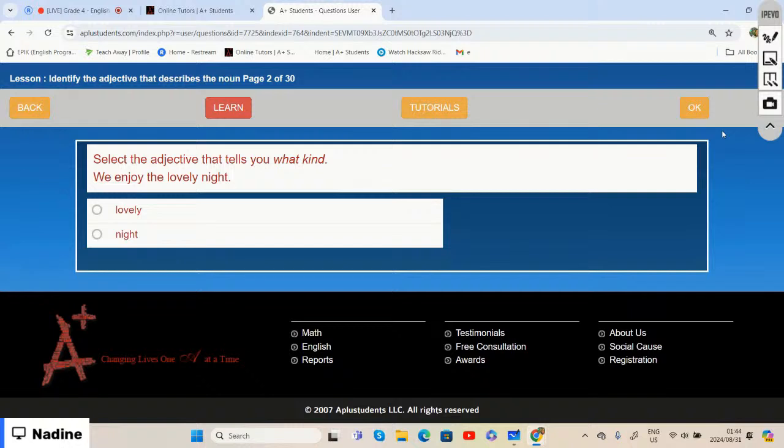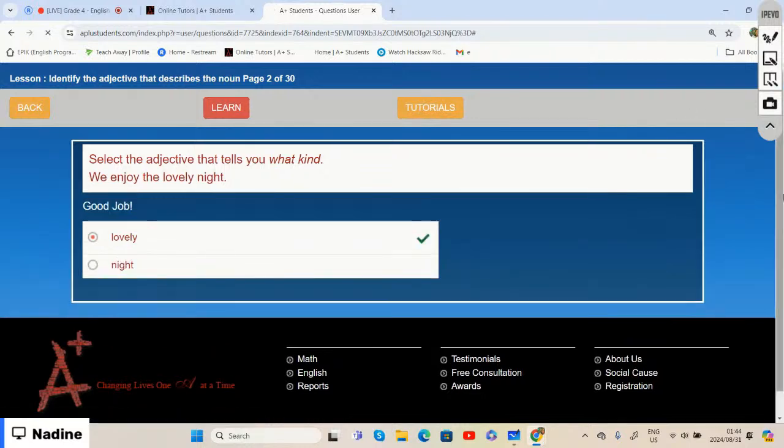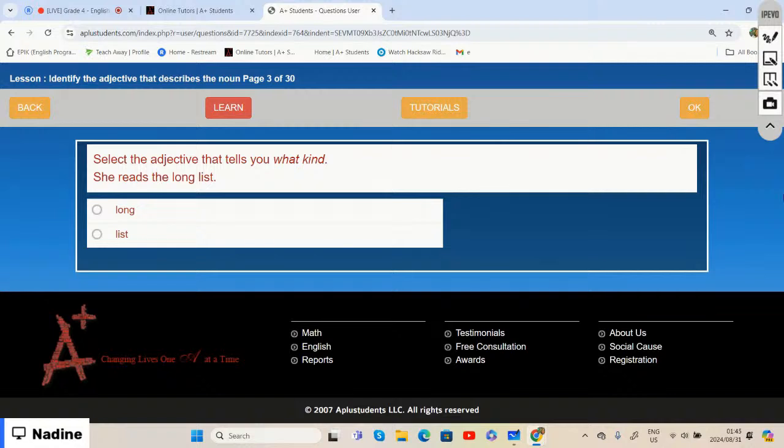Is it lovely or is it night? And if we were to select the adjective, then yes, we will say lovely, because lovely tells us what kind of night. Yes, well done. Lovely is correct.